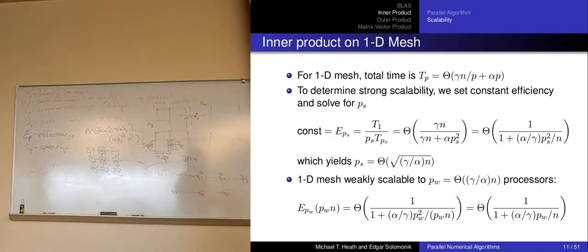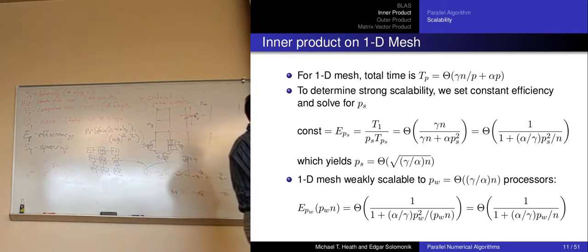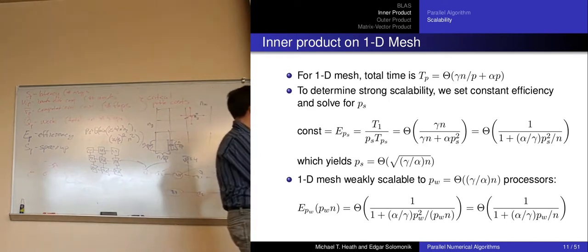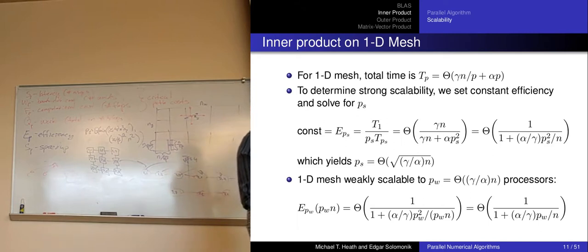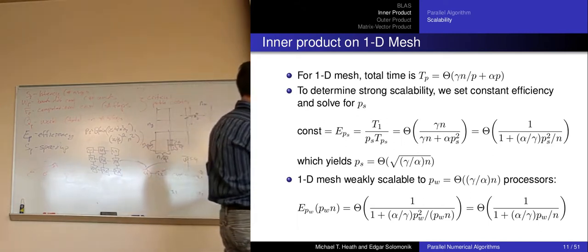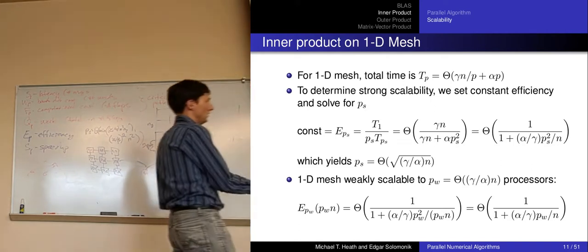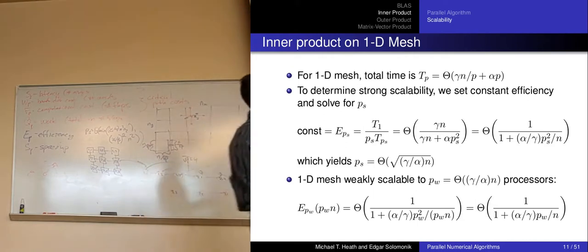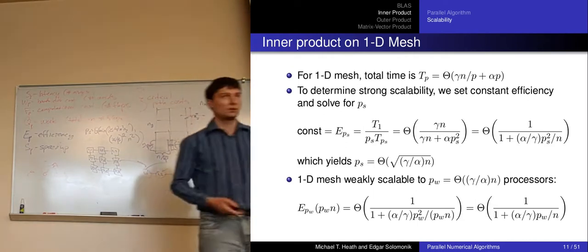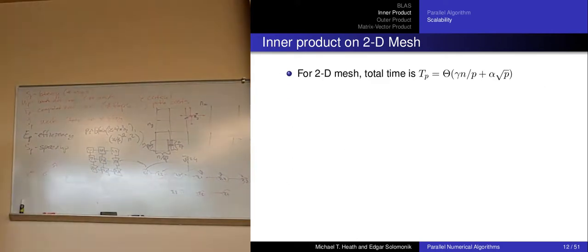If we look at weak scalability, as usual, we can go further. To analyze this, we just substitute for this N something different, and what we end up with is that this term grows. So basically, we cancel one of the P's, so we don't have to take a square root. So we can weak scale to potentially the square of the number of processors in the 1D mesh.